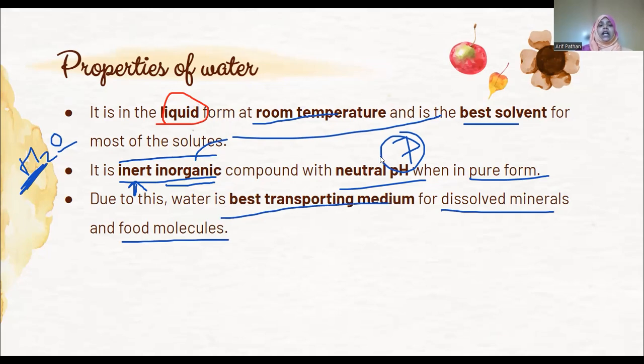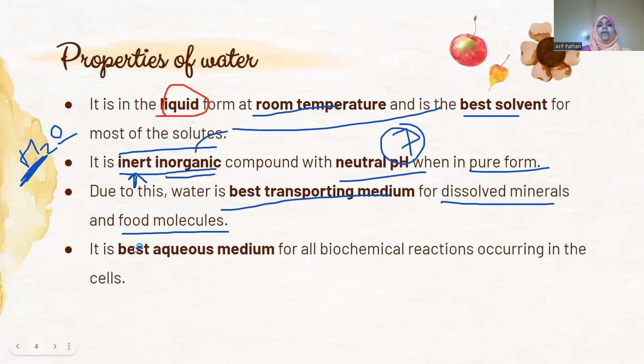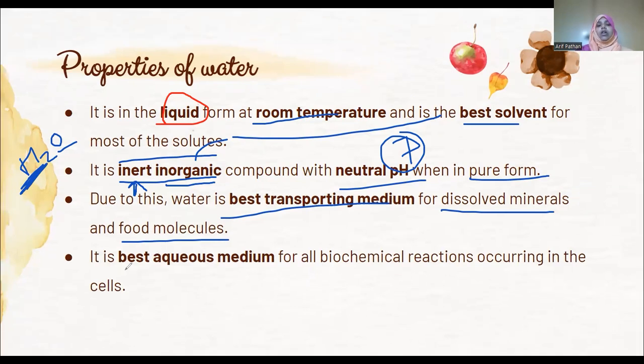Another property is that it is the best aqueous medium. All the compounds, nutrients, molecules, minerals, and other materials can blend well with water. There will be a good suspension made out of water for all the biochemical reactions which happen in the cell.